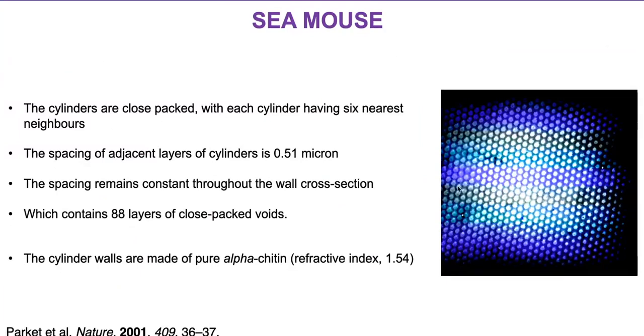This is made up of alpha chitin, which has a refractive index of 1.4, and then what you have at the center are hollow, so there is a difference in the refractive index between chitin and the air. So they're able to trap and propagate the light and also modulate the refractive index in two dimensions, so it's both X and Y. Previously, we had only one-dimensional layered structures, but now both directions are used for patterning these kinds of biological structures.